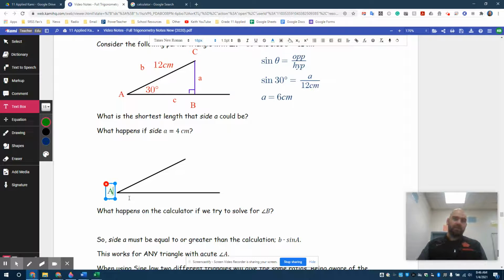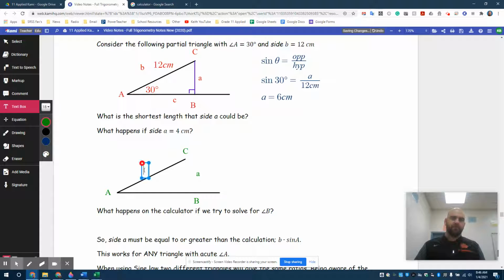Okay, so let's start off with our labeling here. This is going to be C, B is going to be somewhere here at least, we're going to have A there, little b here, and little c here. We have a couple of measurements that we know.